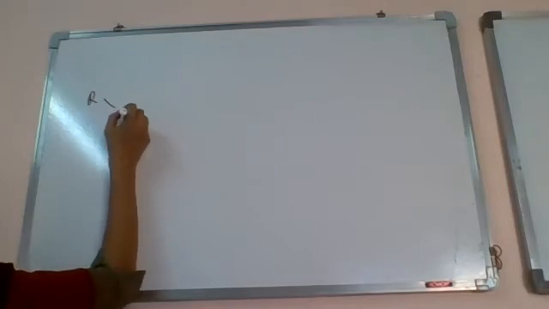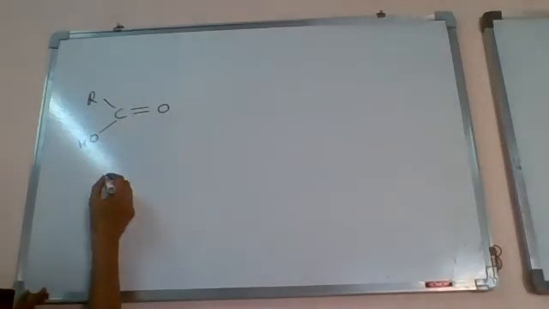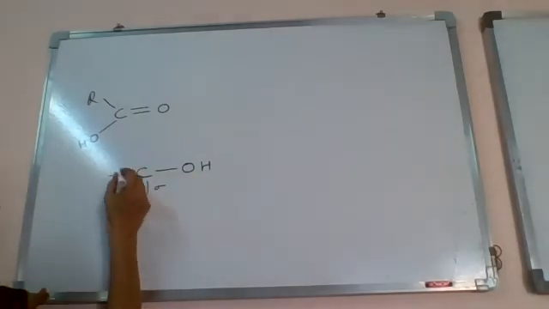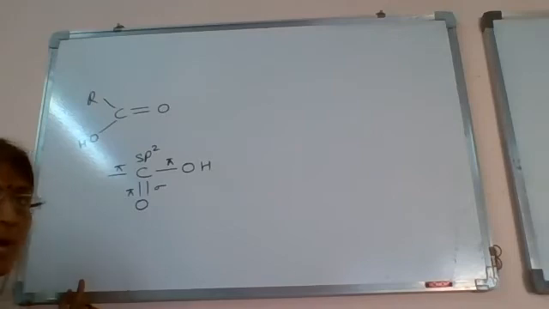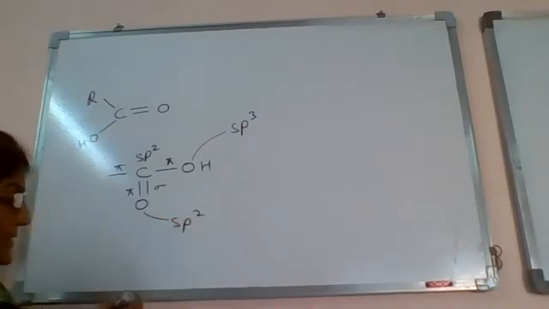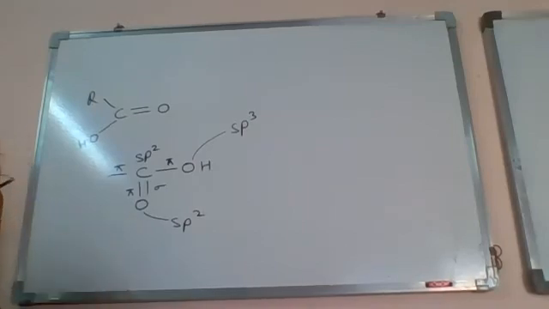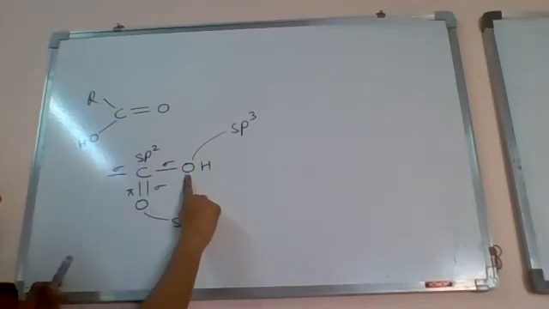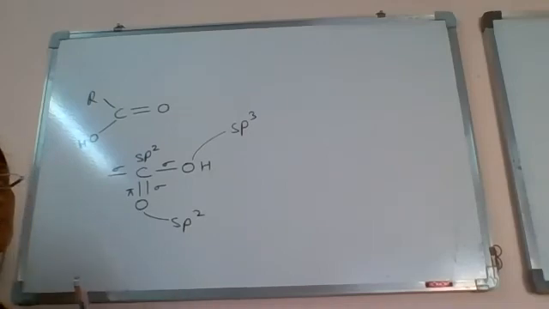Carboxyl group means R, C, OH and C double bond O. This is carboxylic acid, and the carboxyl group is C double bond O and OH. Now this contains 1 sigma and 1 pi bond. What is the hybrid state of the carbon atom? sp2. The carbon of the carboxyl group is sp2 hybridized. The oxygen of OH would be sp3 and the other oxygen sp2, but that is not the case. Both oxygens are sp2 hybridized. In the structure, this one is connected by sigma bonds so it should be sp3, and this one is connected by a double bond so it should be sp2. But here both oxygens are sp2 hybridized.